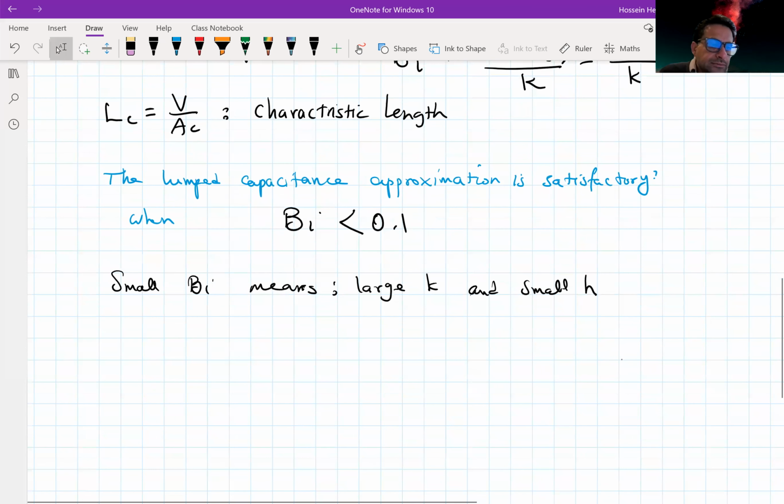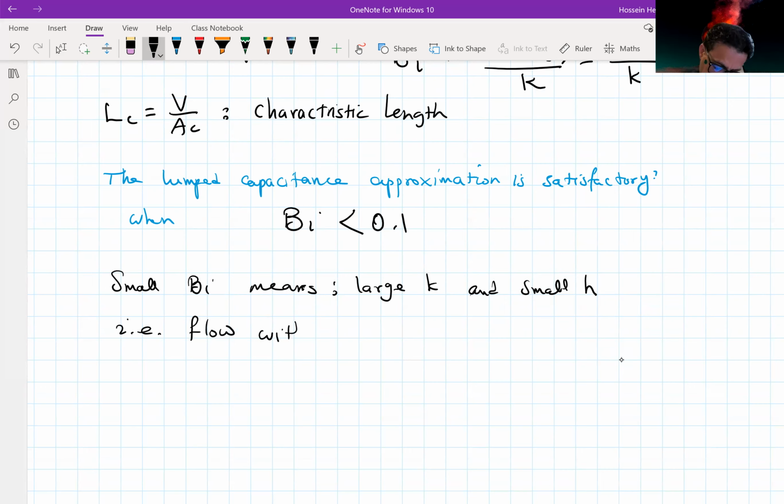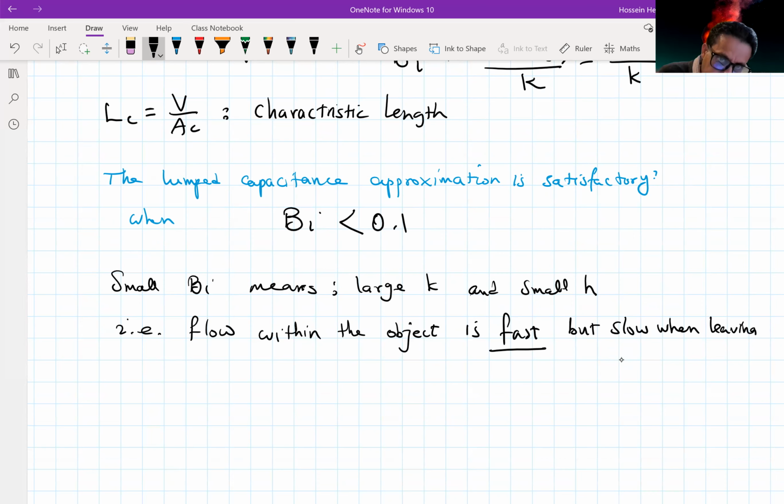In terms of heat flow, when you have a large K and a small h, what it means is the heat flow within the object, this solid body that we have, is fast, but slow when leaving the object.